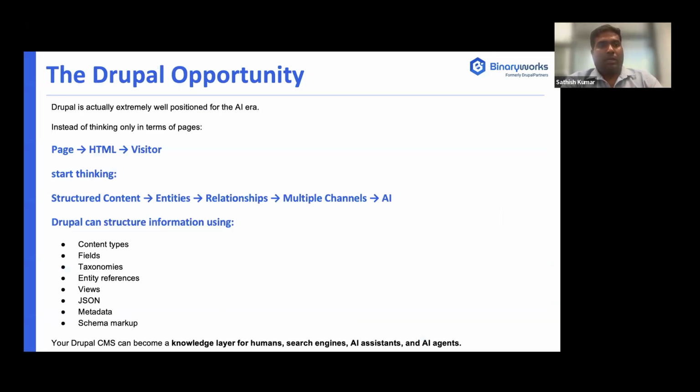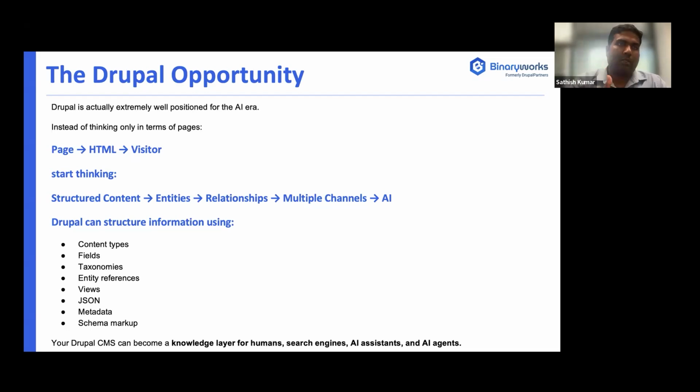The other important factor is Drupal's opportunity. Drupal is rightly poised. Currently Drupal serves page HTML for visitors, but with the new approach of content being structured and shared as an entity to multiple tools like Gemini and everything for AI, Drupal is perfectly balanced.